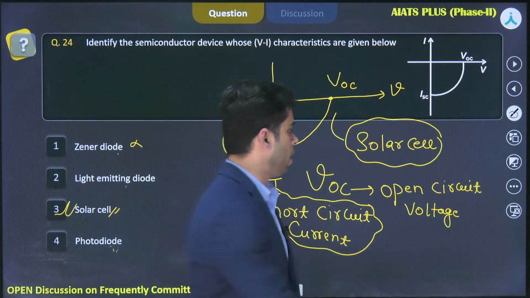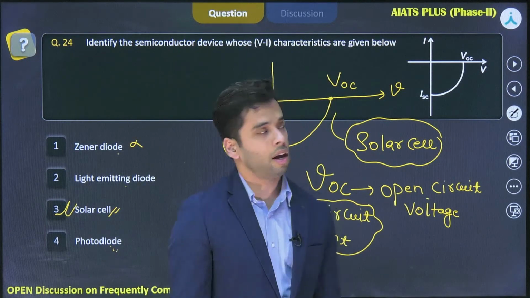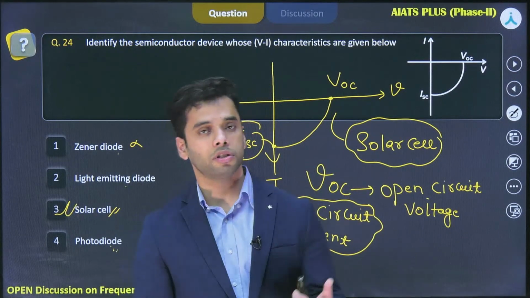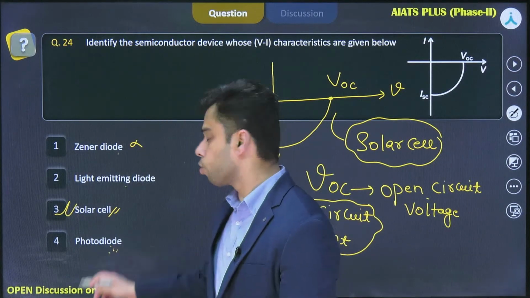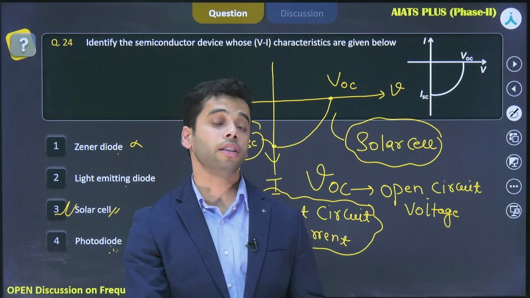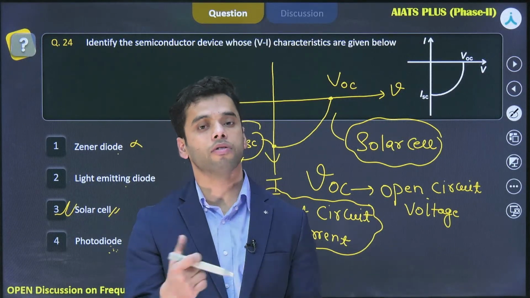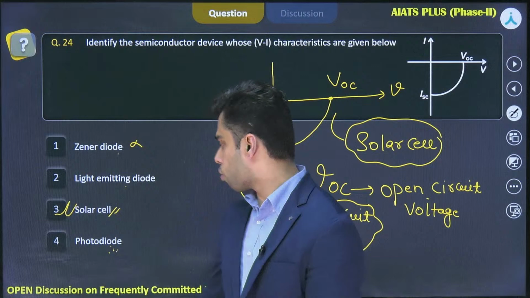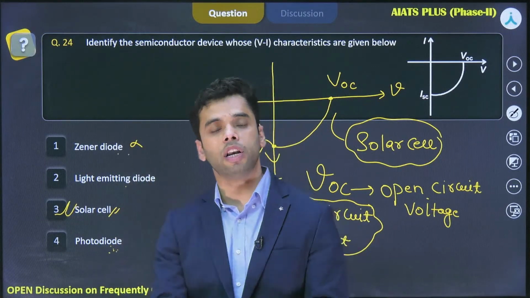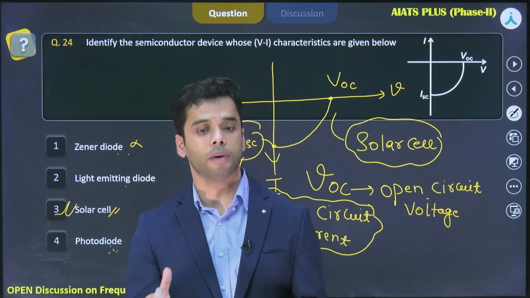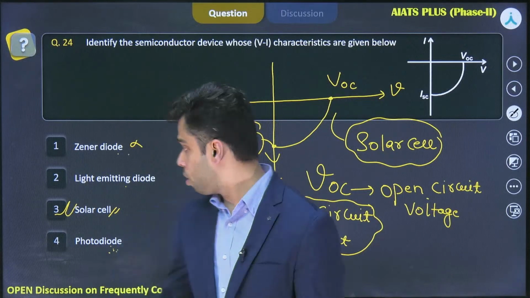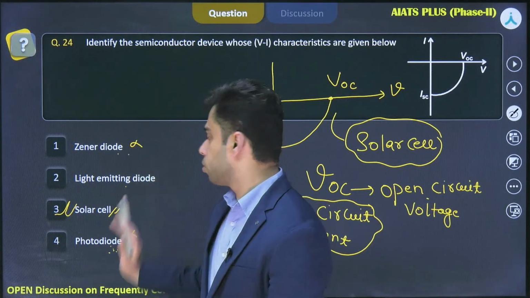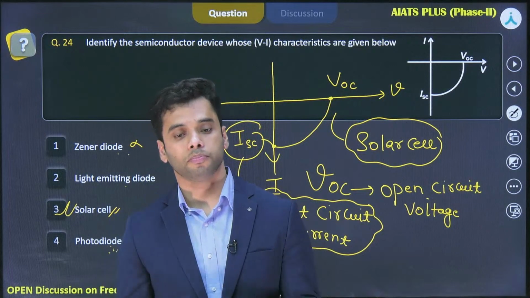I have explained the meaning of VOC and ISC, and this graph is in the fourth quadrant. For the Zener diode and the photodiode, the IV characteristic will lie in the third quadrant because they work in reverse bias. So this one is also wrong and this one is also wrong, right?